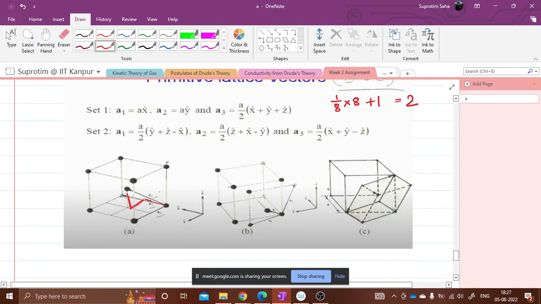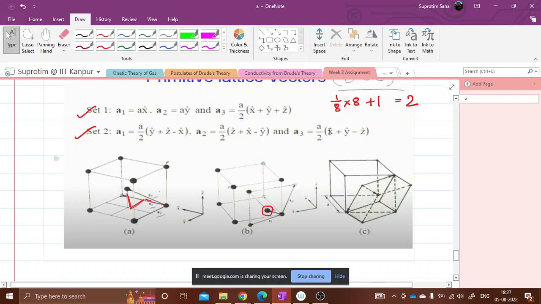And the second case where A1 is defined as a/2 times (y cap plus z cap minus x cap). So basically you are targeting the atoms that are at the center of the cubes. This atom is the body center of the next successive unit cell.